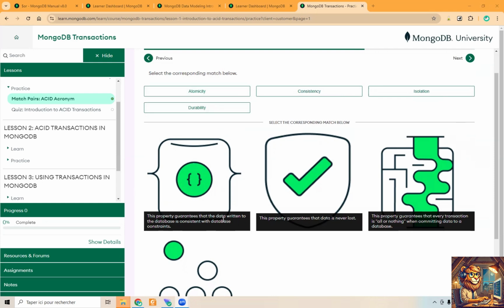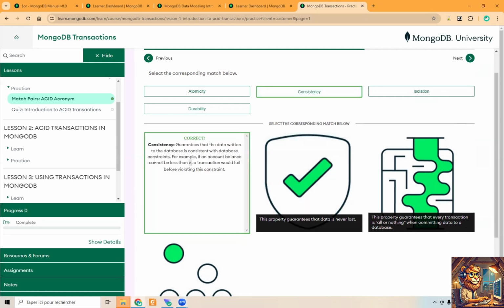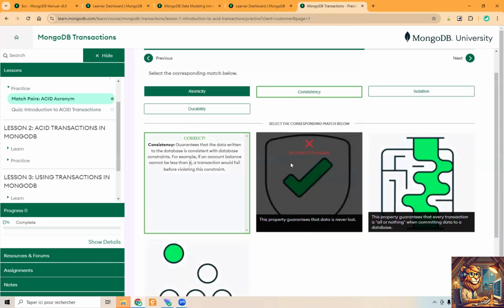So this property guarantees that the data written to the database is consistent with database constraints, and that would be consistency. Okay. This property guarantees that data is never lost. And I think that's atomicity. I don't know.